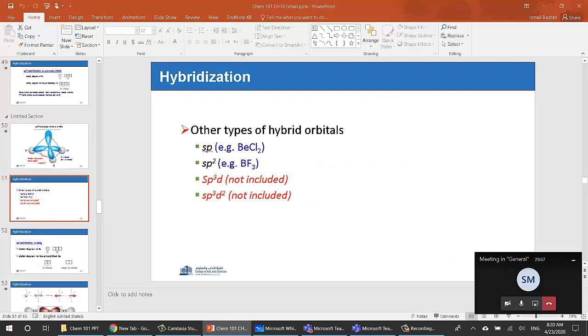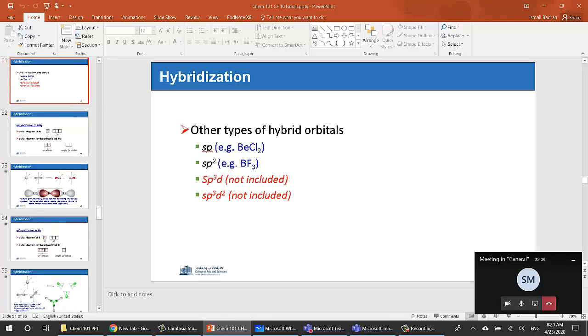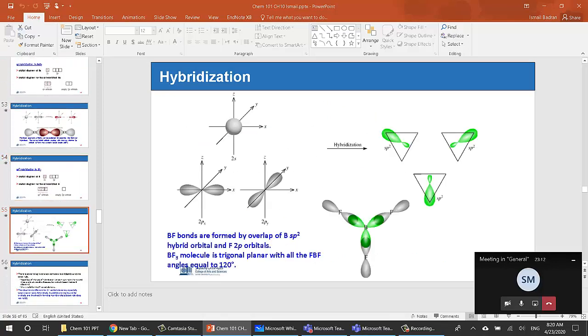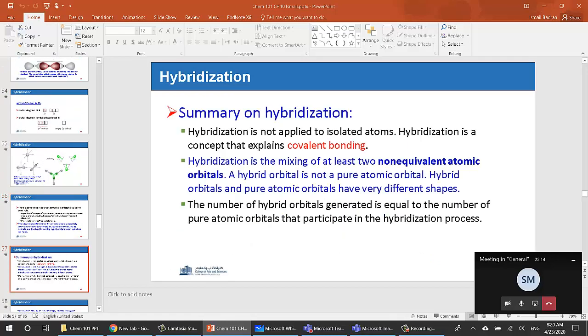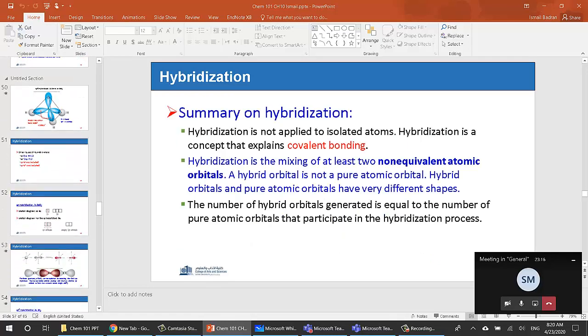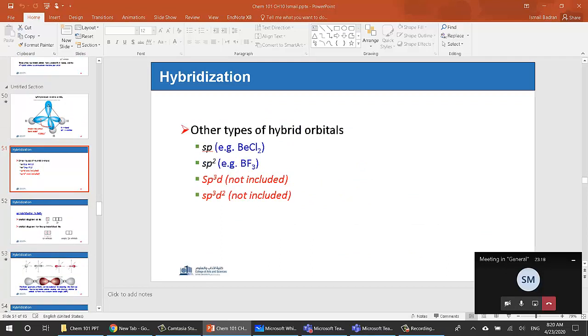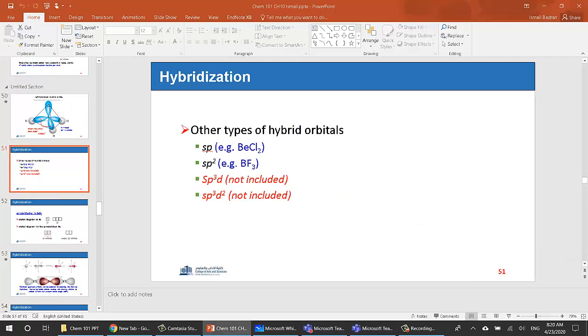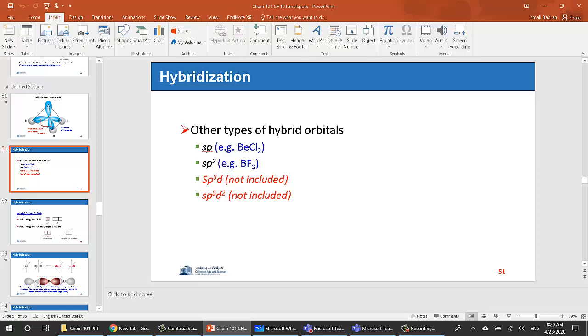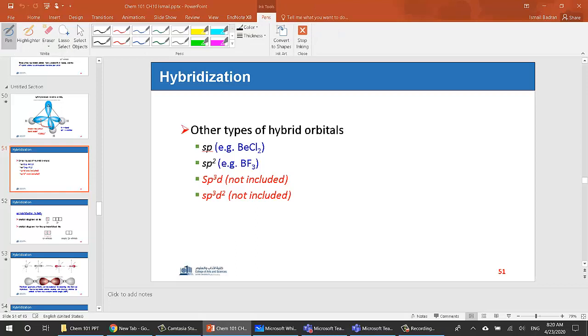They are not summarized somewhere, but you can summarize them here in this slide, slide number 51. You have sp3, which is tetrahedral. You can add this to the slide if you like. So here at the top, sp3 tetrahedral.